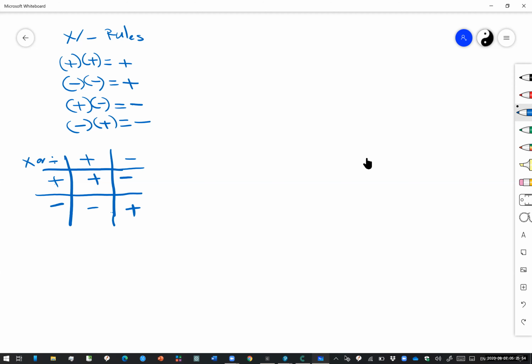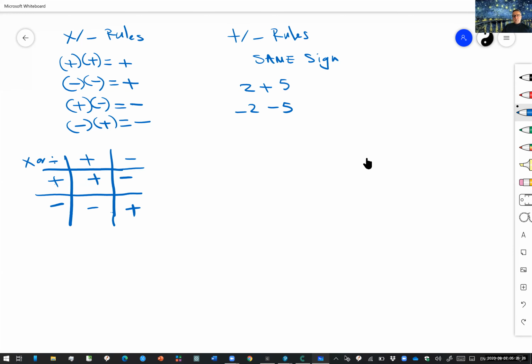Now, the rule for addition and subtraction, I'm going to use an example to get these across, okay? So what if we combine two numbers and they have the same sign? For example, 2 plus 5 or -2 minus 5. See here, both of those are positive.